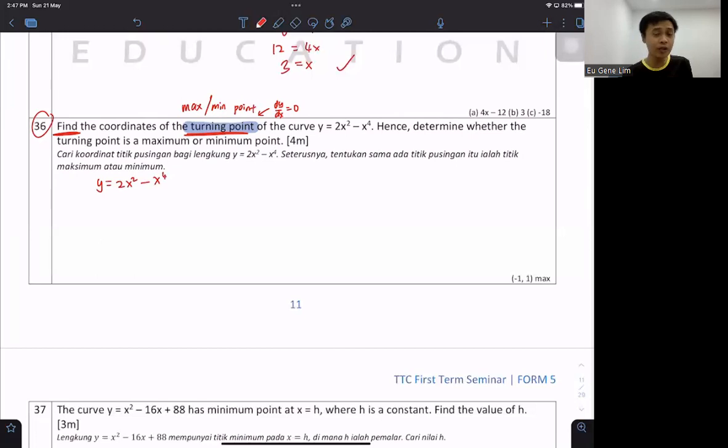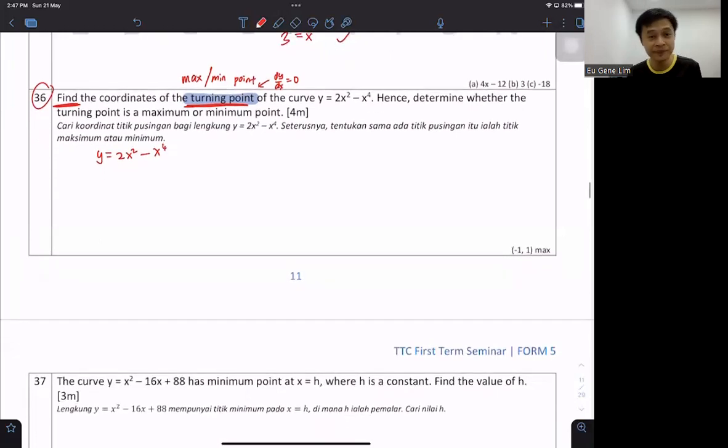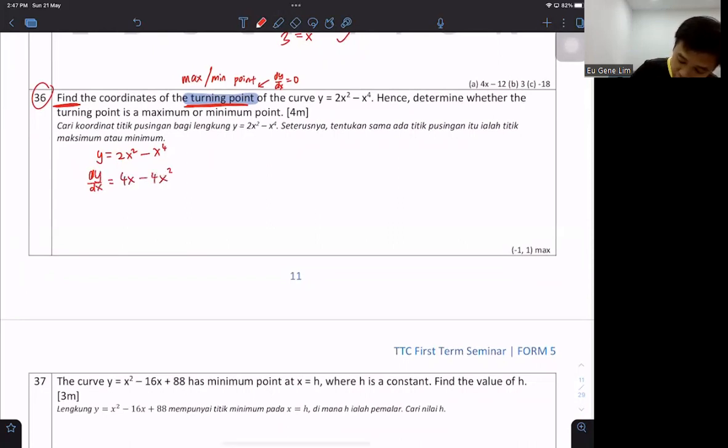Whether you know how to do or not, you can differentiate first always. Oh, 4x minus 4x cubed. The question asks you to find turning point. Turning point is maximum minimum point, meaning dy dx equals 0. So put 0. Understand?